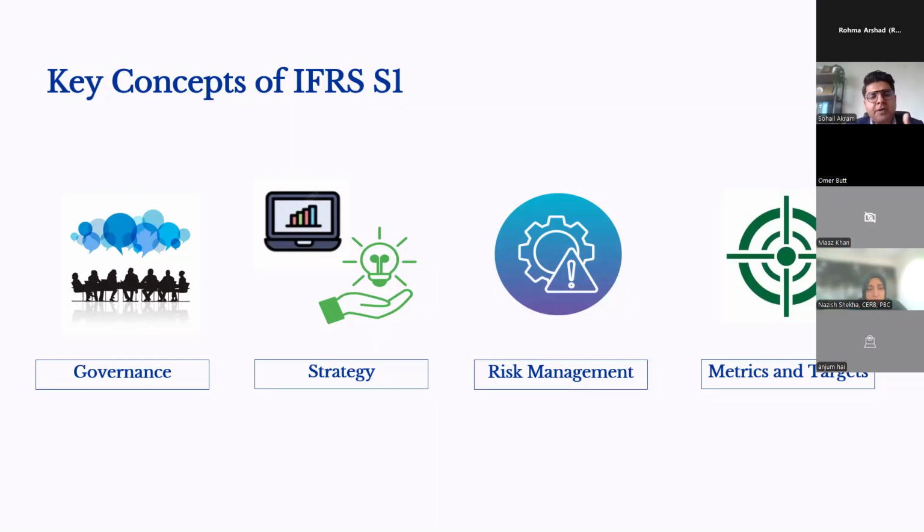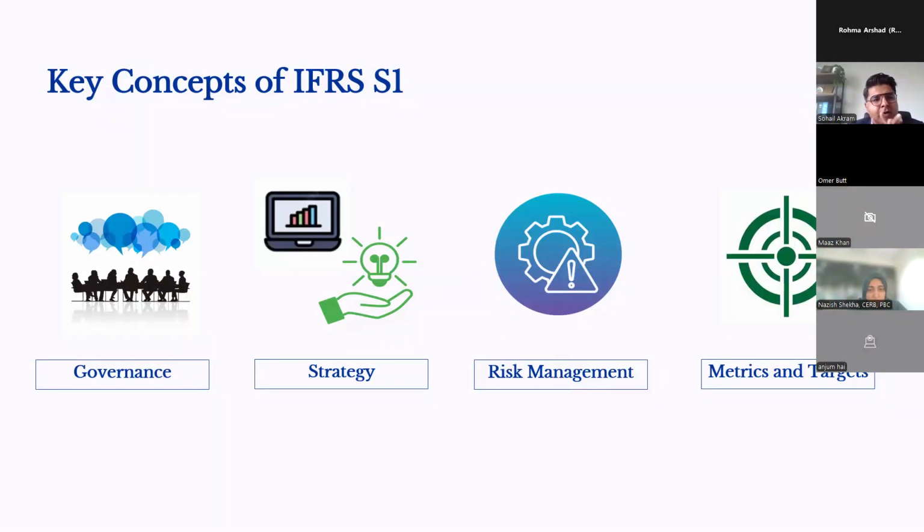So for example, besides IFRS S2, which includes these components around climate risk and opportunities, if an entity is required to give information, let's say, about water-related risks and opportunities or biodiversity-related risks and opportunities, then they still need to provide information on what they're doing around governance, how they have strategized, what the risk management process is, and what metrics and targets they have set to achieve the desired outcome.